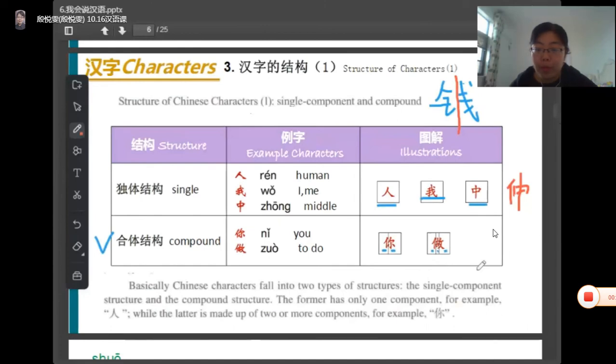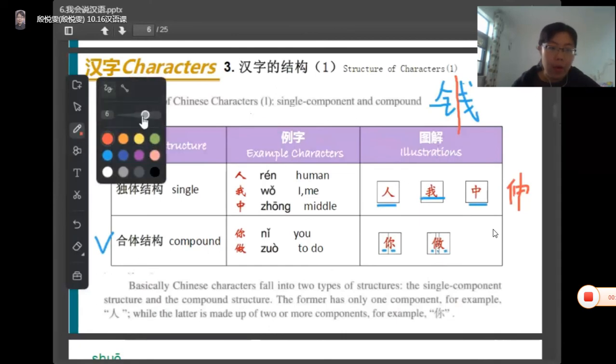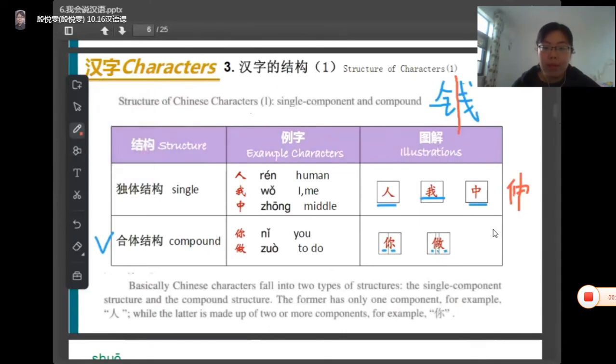好 is also compound. Yes, 好 is also compound. Last class, we learned 好 consists of 女 and 子. 女 means female and 子 means son.